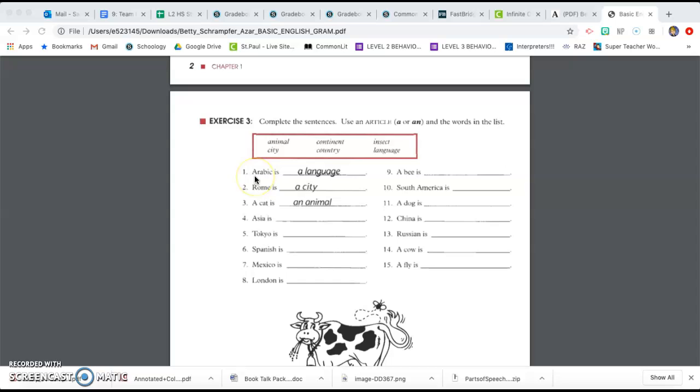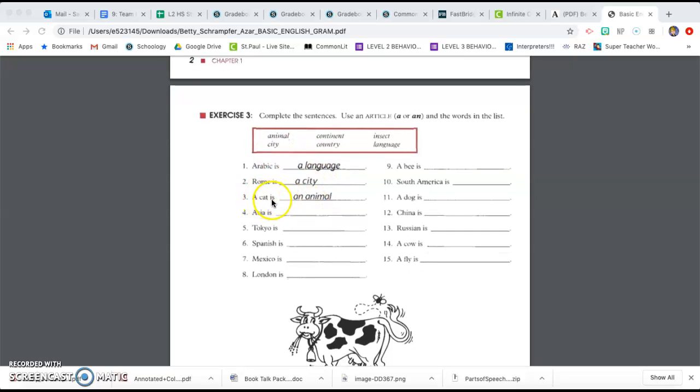So for example, Arabic is, well, we know Arabic is a language, so we're going to write a, and we chose the word language. Rome is a city, so we use a, and then this starts with a C, so we use city. Rome is a city. A cat is, we know cats are animals.